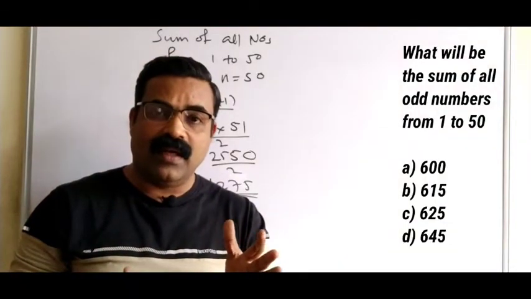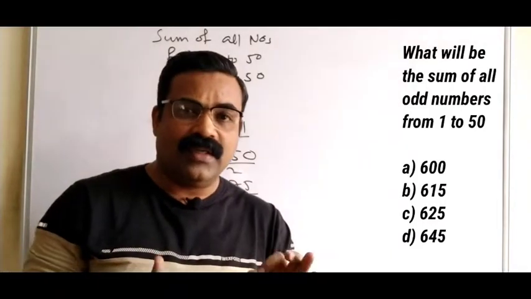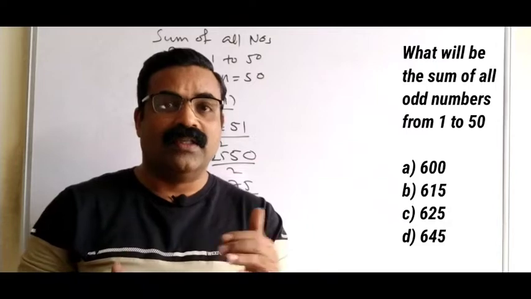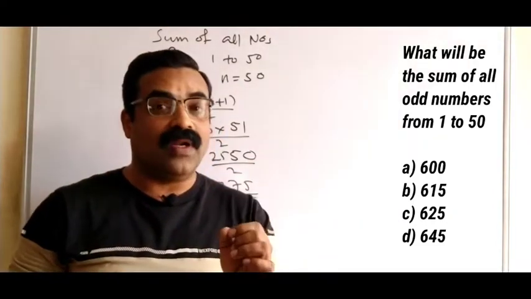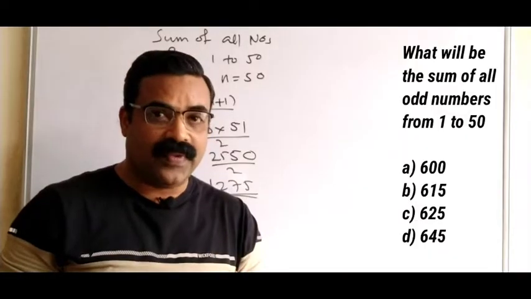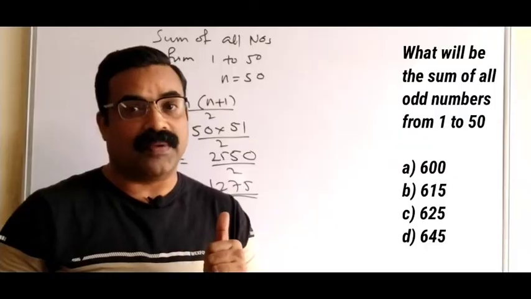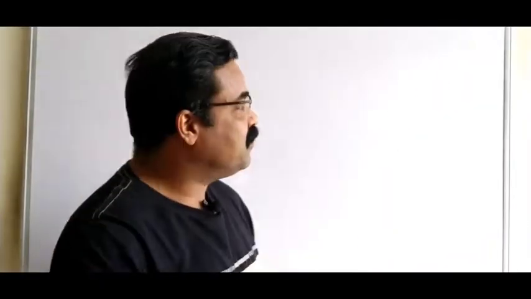But normally in every competitive exam, these types of questions are very, very common. And generally 1 to 50, 1 to 100, 1 to 200, these types of questions are asked. So remember the formula, then it becomes very, very easy. And these types of questions are very common based on the topic number system. So kindly note it.